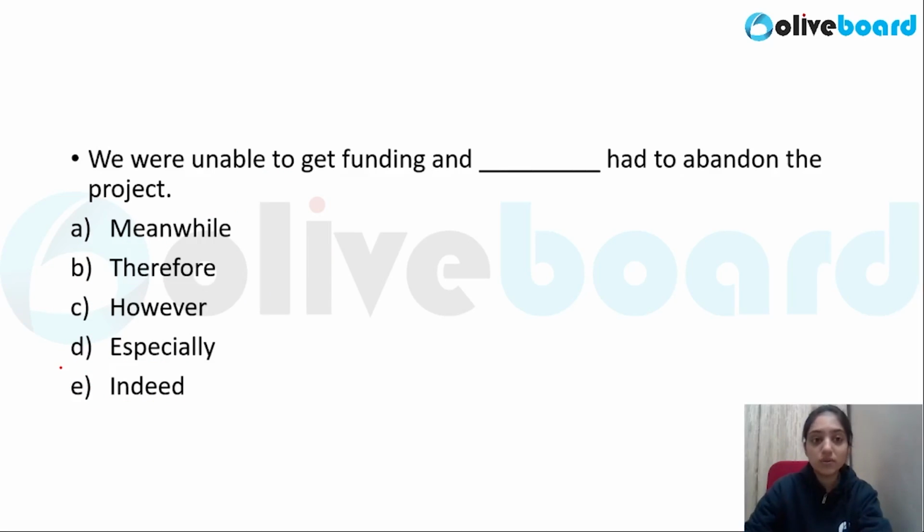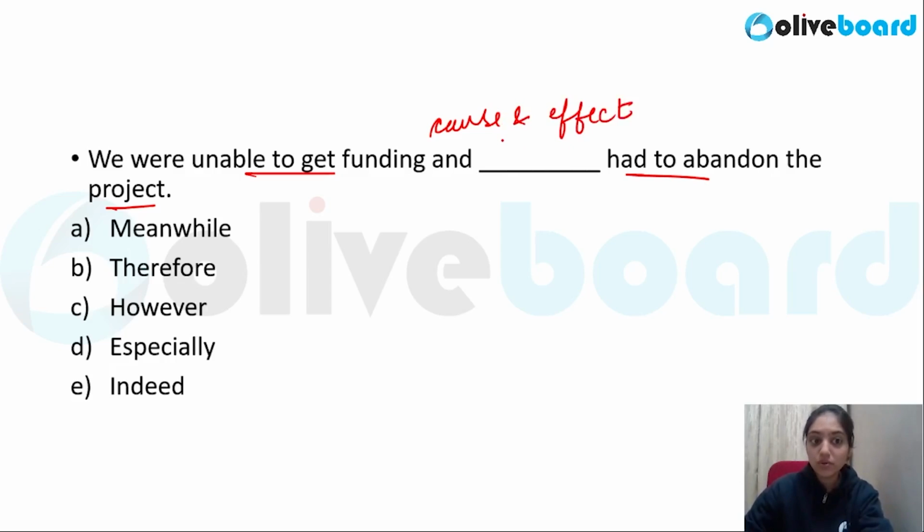Now moving on to the second question, we were unable to get funding and had to abandon the project. So we were unable to get funding, because of which we had to abandon the project. So this here presents a cause and effect relationship. These two phrases have a cause and effect relationship between them.